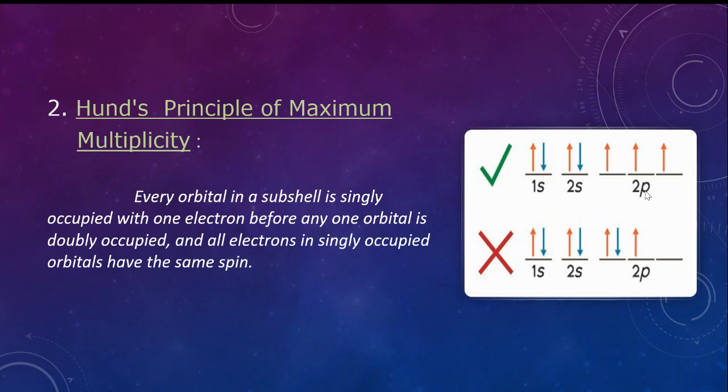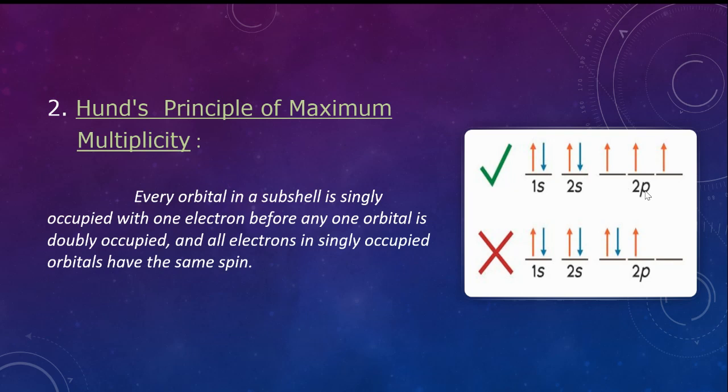So the pairing will take place like this: a pair in the 2s, a pair in the 2px, a single electron in the 2py and a single electron in the 2pz. That means the y and z orbitals will be singly occupied, where they won't get paired up in the beginning itself. That's the meaning of Hund's principle of maximum multiplicity.